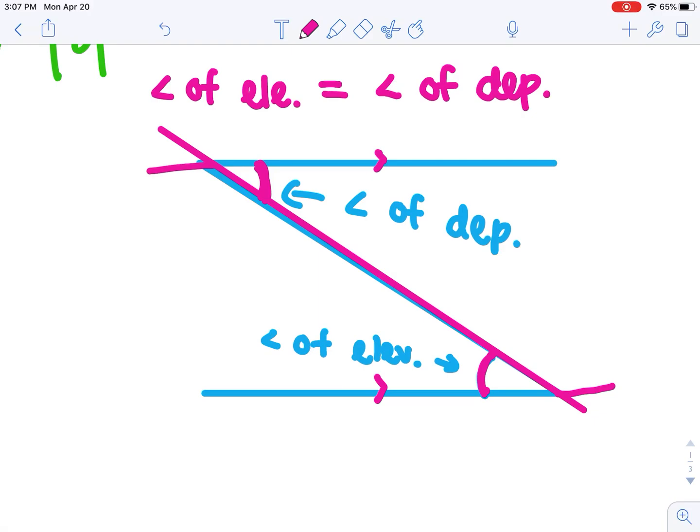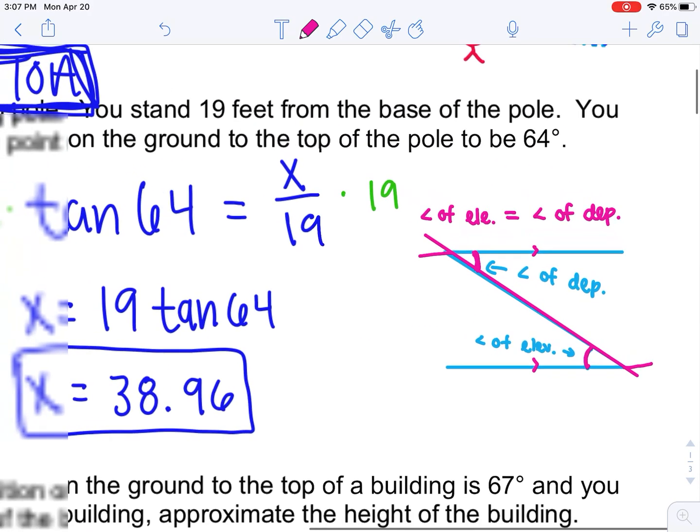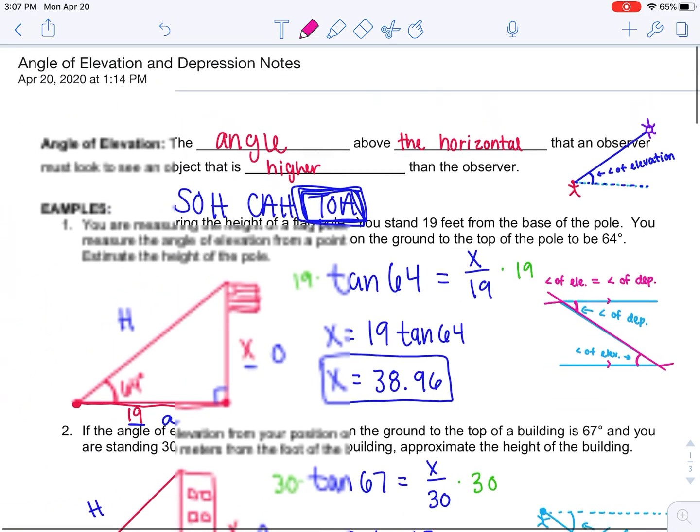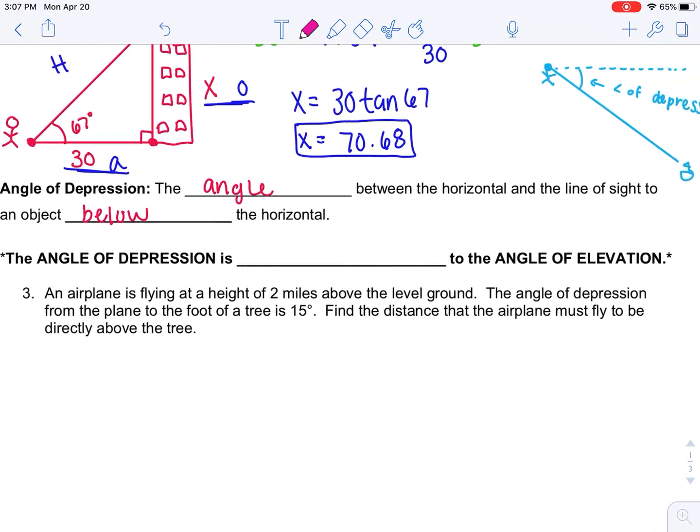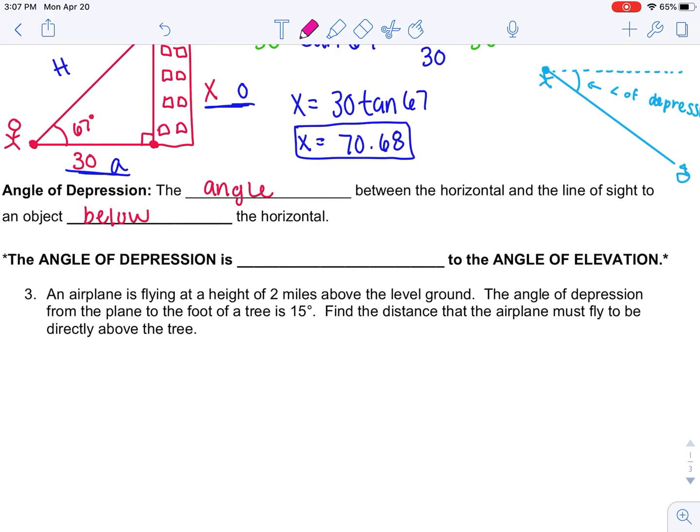Those are the same degrees. Let's look at an example of angle of depression. So the angle of depression is equal to the angle of elevation.